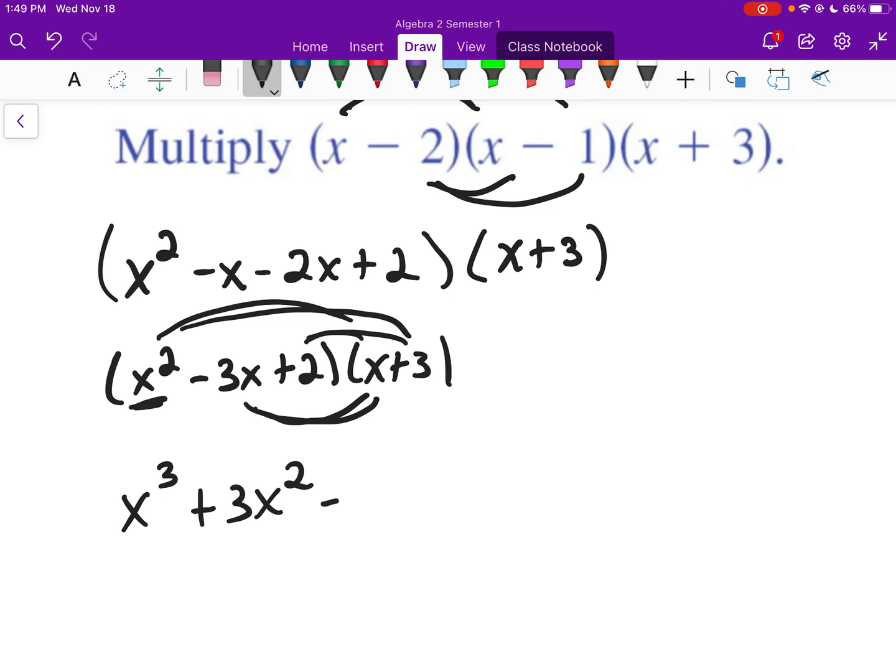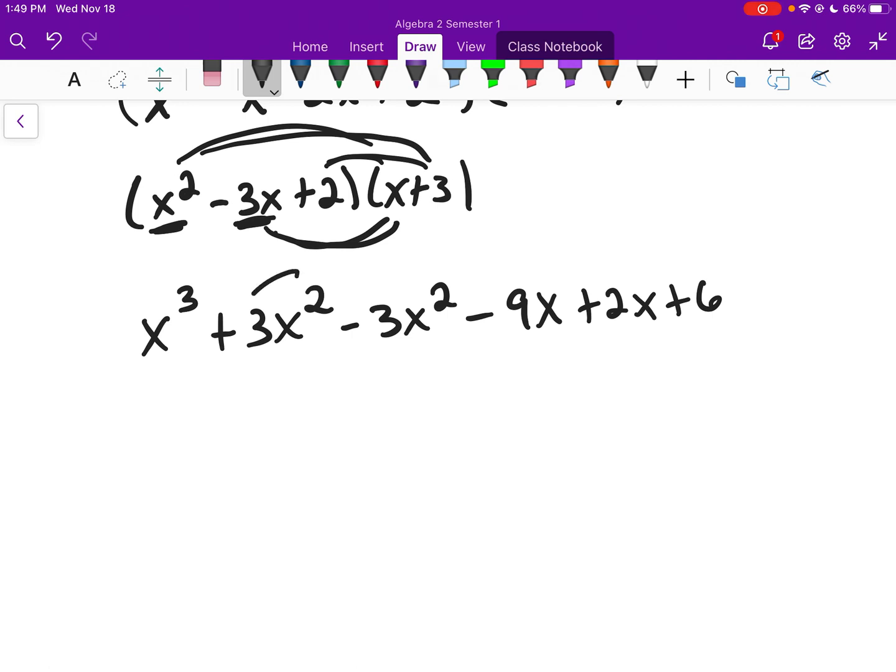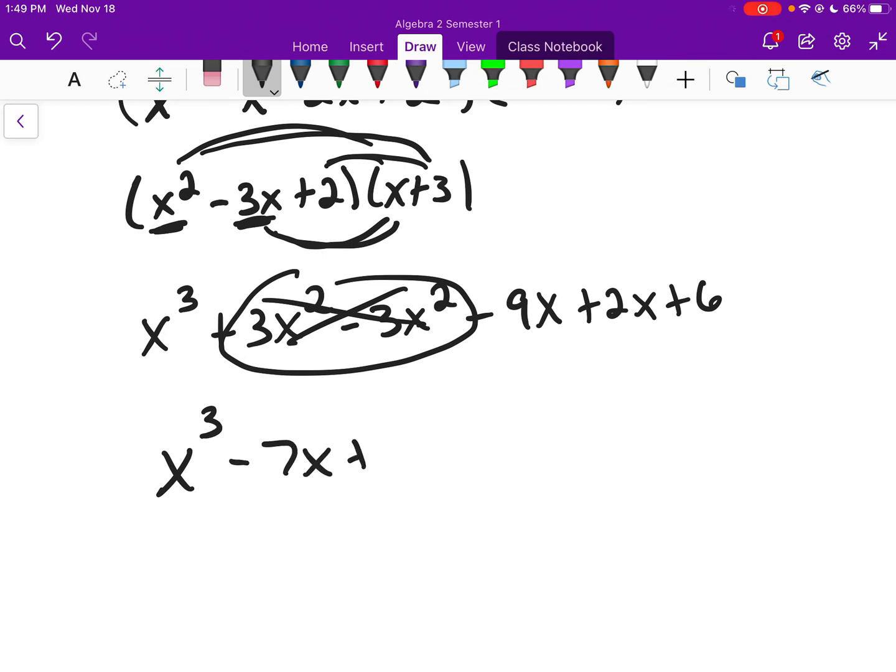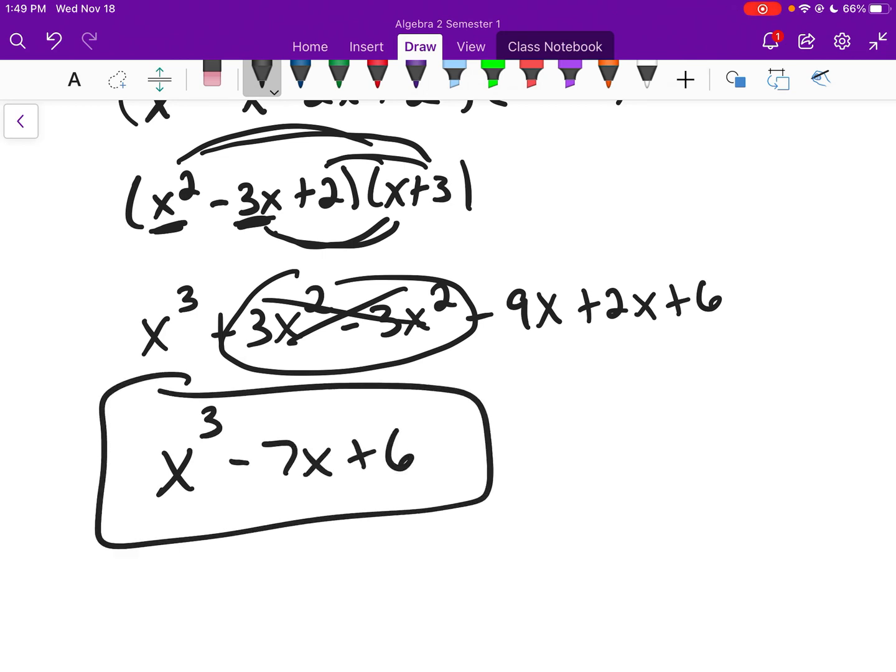Negative 3x times x, we get negative 3x squared minus 9x. Done with that term. And finally, distributing that 2, we get plus 2x plus 6. Combining like terms then, those cancel each other out. 3x squared minus 3x squared cancels out. Negative 9x plus 2x, that will give us minus 7x. And then finally, plus that 6.